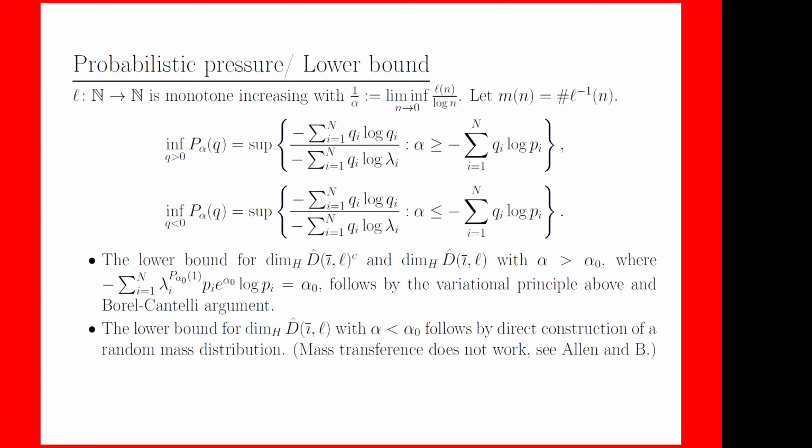But there is one problem in this symbolic aspect with the mass transference principle, especially when the contracting ratios are inhomogeneous: it's insufficient. If you apply the mass transference principle, your scaled balls or scaled cylinders will not be large enough to reach the mass and actually be able to transfer it down and provide you sharp lower bounds. So that's why we are forced to construct it.